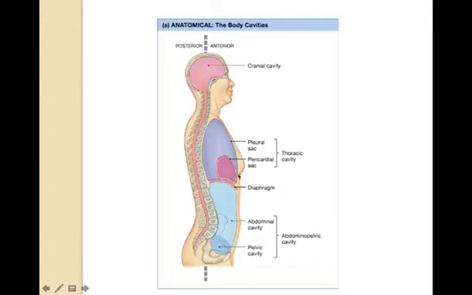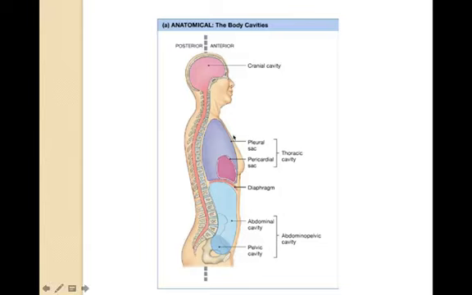The thoracic cavity that contains the lungs and the heart are completely separate from the cranial cavity, and they're actually completely separate from the abdominal cavity. So there's this compartmentalization, and each one of these compartments has organs within it that serve a very different purpose.